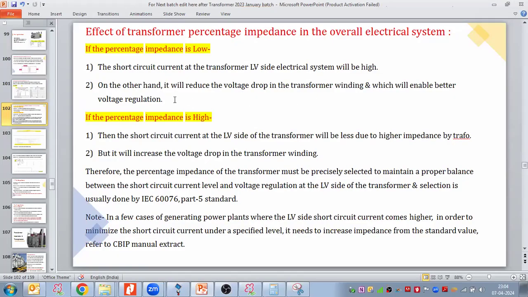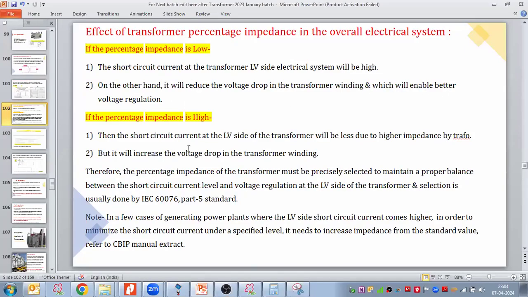On the other hand, it will reduce the voltage drop in the transformer winding, which will enable better voltage regulation if we have the lower percentage impedance. Short circuit current is higher, and it will reduce the voltage drop in the transformer winding, which will enable better voltage regulation.